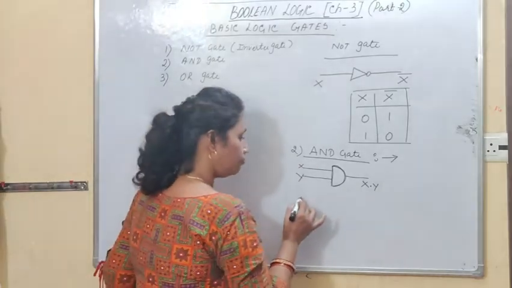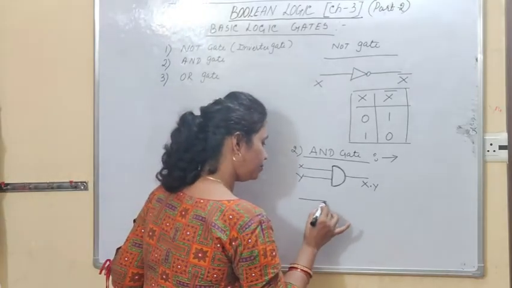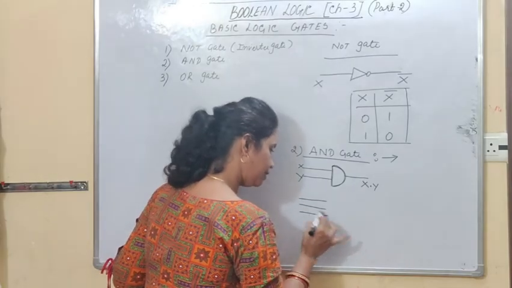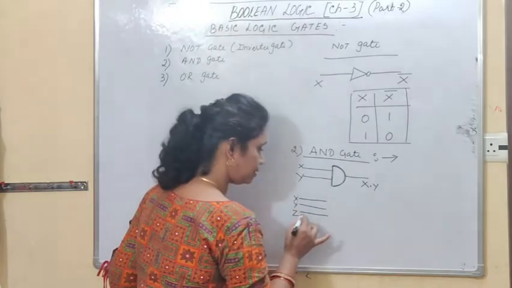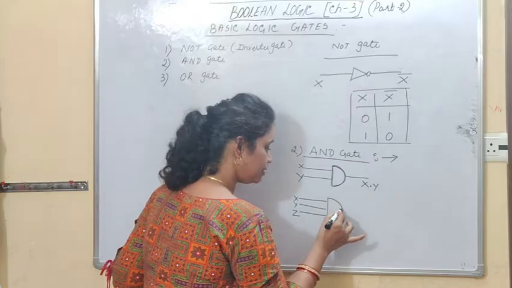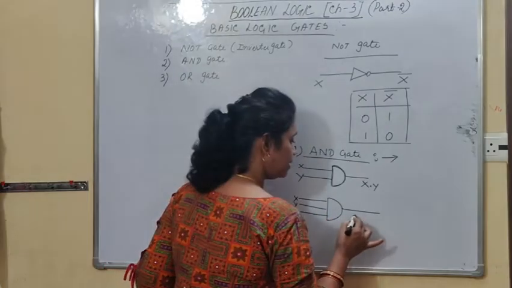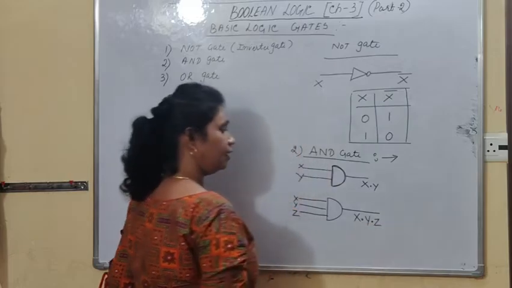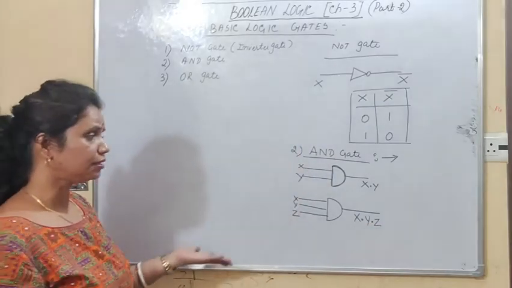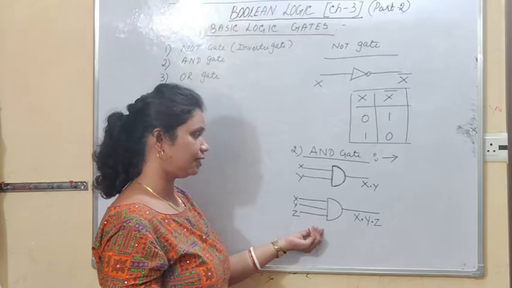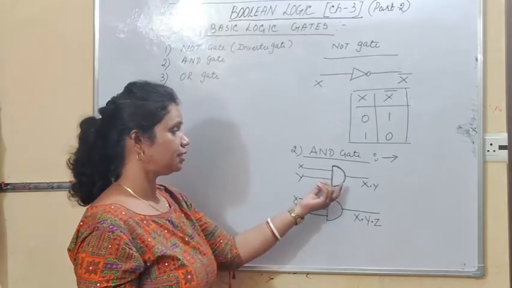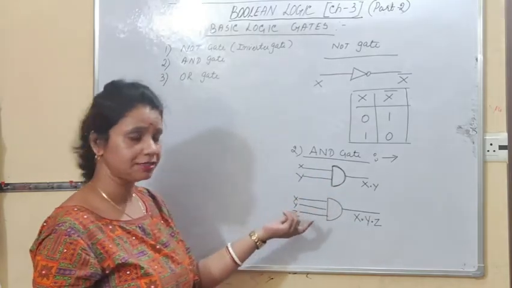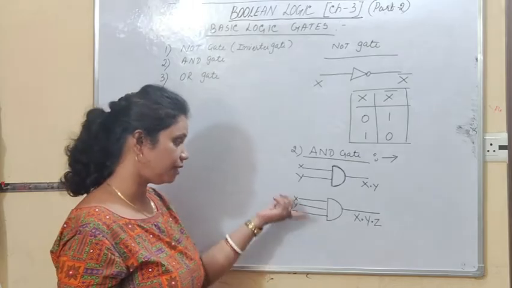Similarly, if you have 3 variables, 3 signals, when you pass these 3 signals into one AND gate, then you will get the output X dot Y dot Z. Here also, this is the symbol of AND gate, and this is the logic diagram for 2 variables. This is the logic circuit of 3 variables.